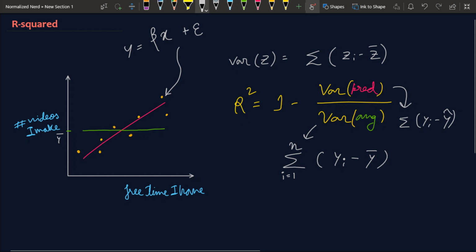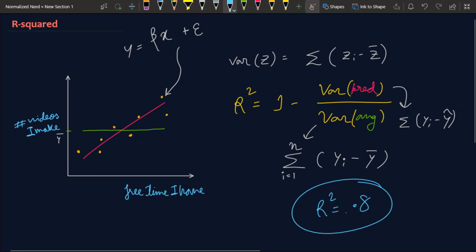Alright, so let me give you some intuition about this r squared. Suppose somebody tells you that the r squared of your model is say 0.8. So what can we infer from the statement? This statement tells you that our model captures or explains 80% of the variance in our dataset.